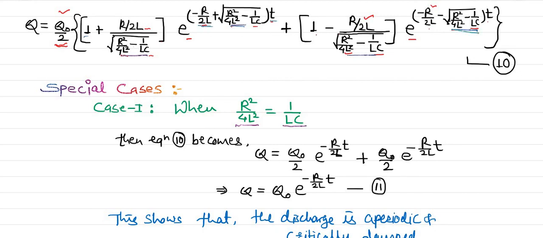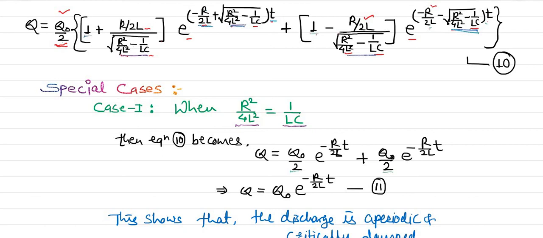And from this it is Q0 by 2, so here it is Q0 by 2 from the first term and Q0 by 2 from the second term. Or we can take here it becomes only 1 and it is also 1.